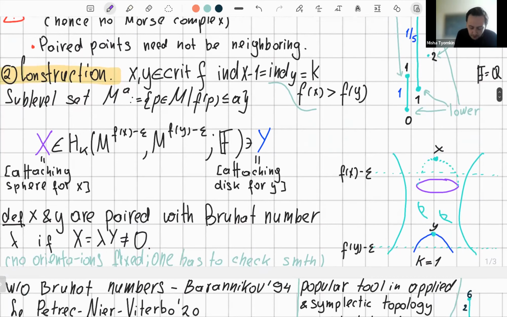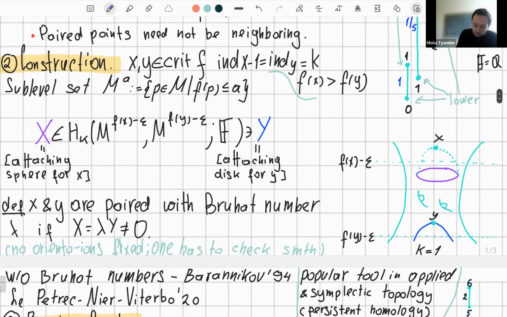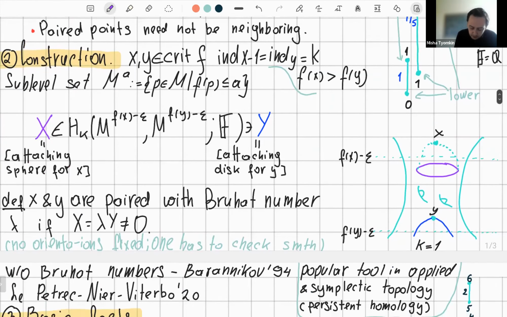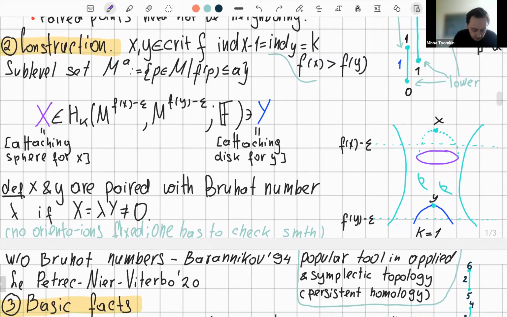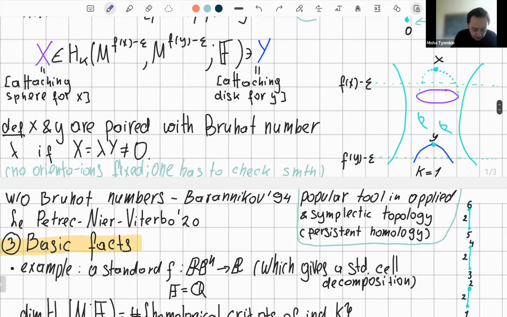So the barcode proper was constructed by Barannikov, and now it is a popular tool in applied and symplectic topology. It's called persistent homology. Some similar ideas of Bruhat numbers over the field Q appeared independently in the work of Le Peutrec, Nier, and Viterbo. Good. So what about basic facts about it?